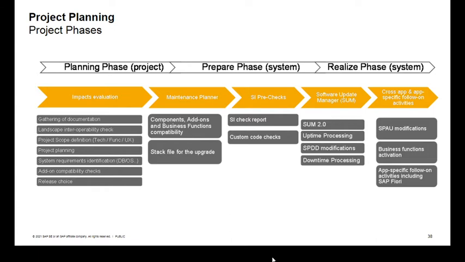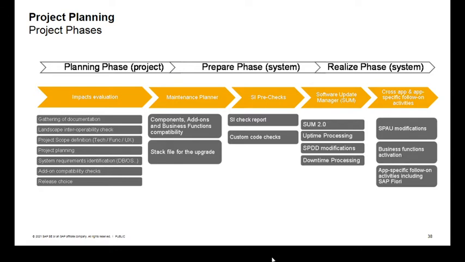Once we come to the technical execution, we would then be running our SUM tool, SUM 2.0. That's our software update manager that will technically execute this. And then we have some cross-application and application-specific follow-on activities where you might need some adaptation of coding to be brought into the system that you would have identified during the simplification item checks, during custom code checks.